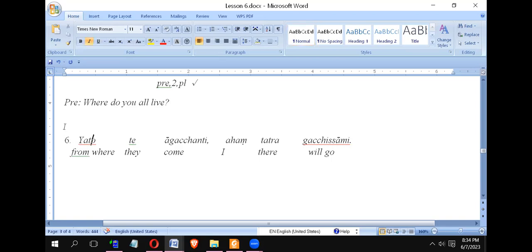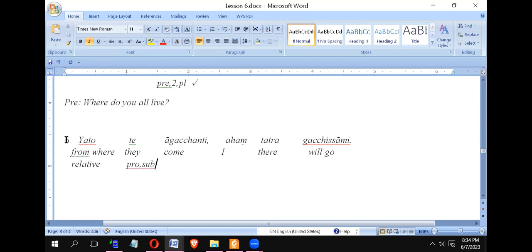Now, can you tell them the grammar? Yato is what kind of grammar? Yato is an adverb and it's a relative. It's not demonstrative, it's relative. Te is a pronoun, and it's the subject also.